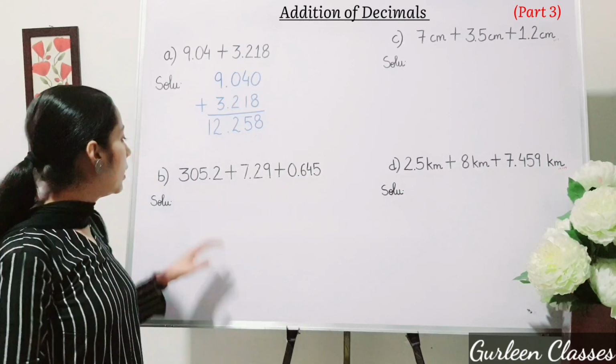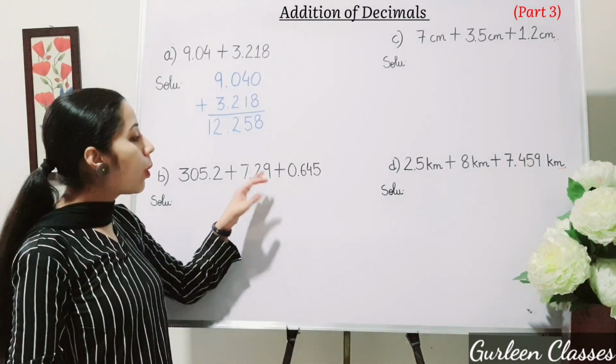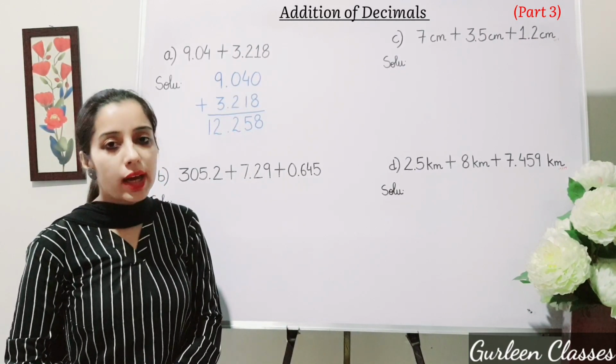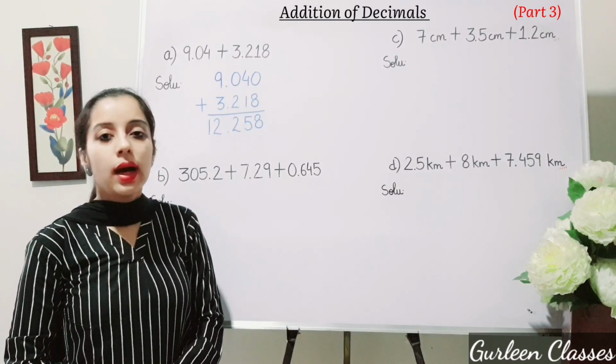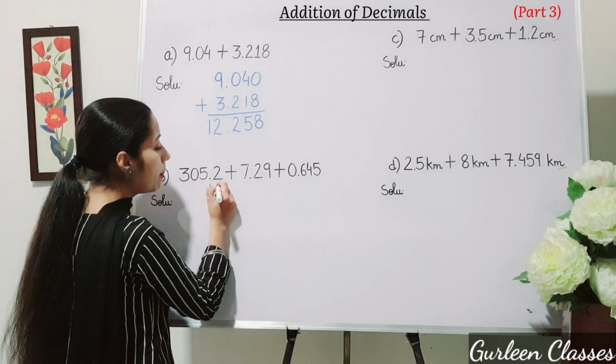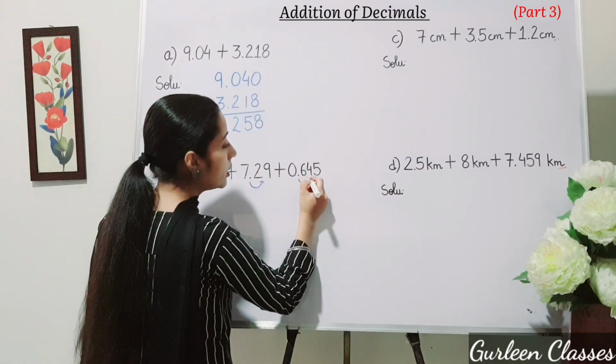B bar: 305.2 plus 7.29 plus 0.645. Again we will convert unlike into like decimals. So here you can see after the decimal point there is 1 digit, here 2 digits and here 3 digits.